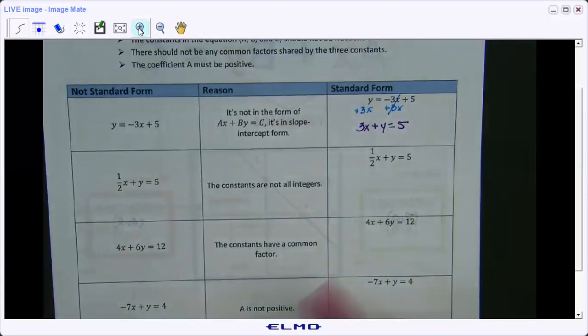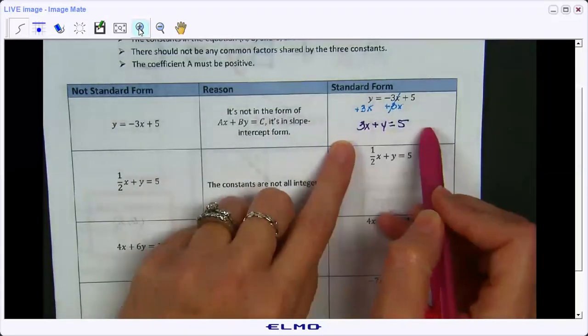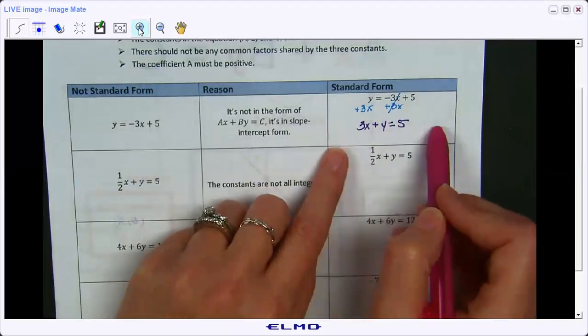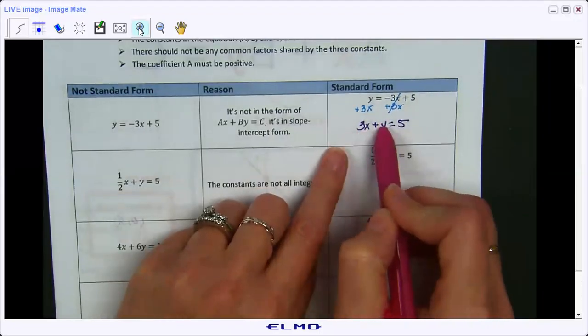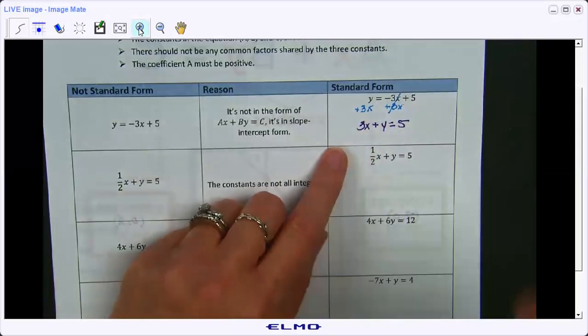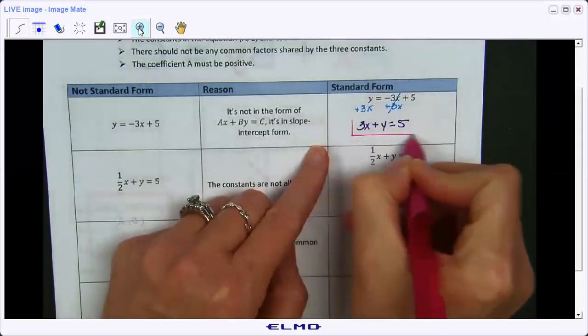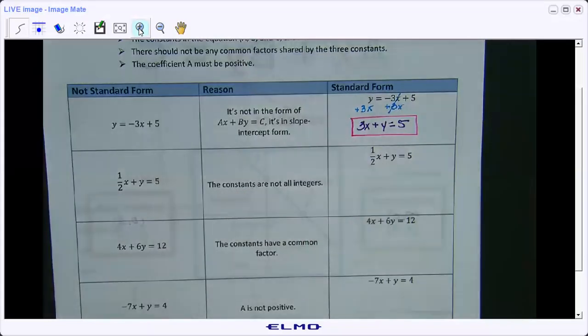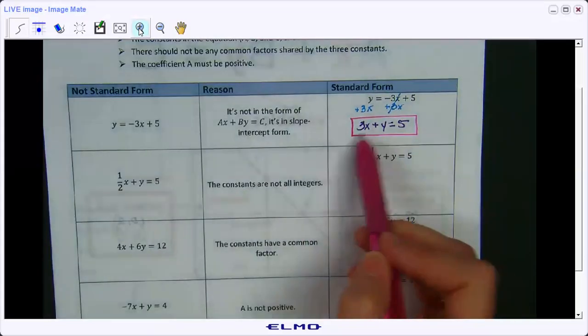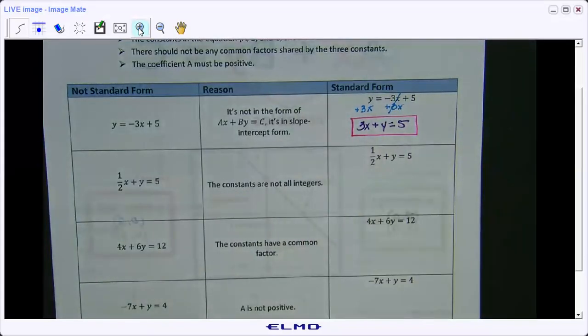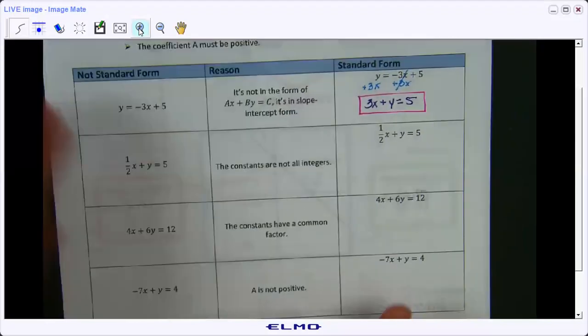And so now all my numbers are positive. There's no fractions or decimals. Both variable terms are on the left, and a is positive. So this one is correct. And there's no common factor between all of them. Okay, let's look at the next one.